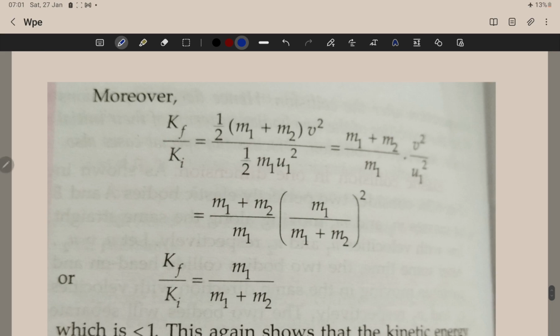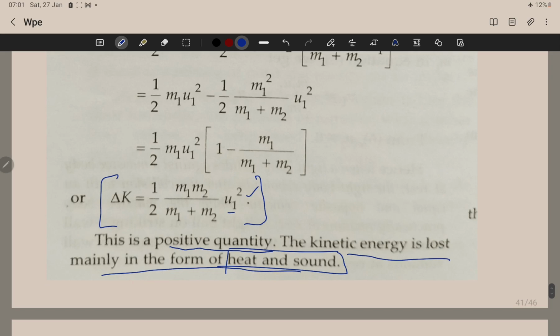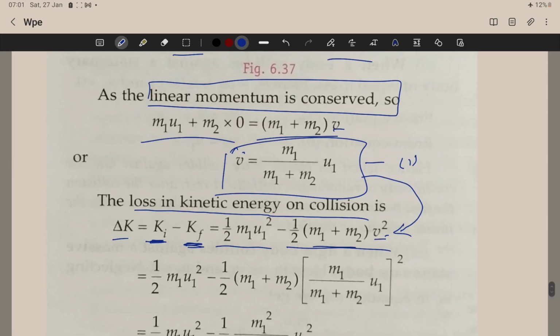Now if we take the ratio of the final kinetic energy to the initial kinetic energy, this becomes (m1 + m2) by m1 into v square by u1 square. From here we can find the value of v square.